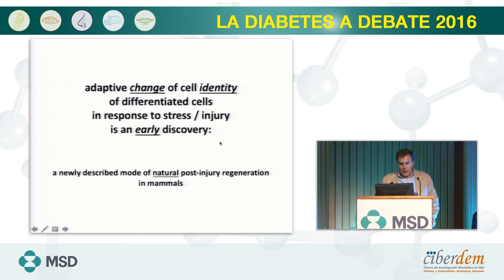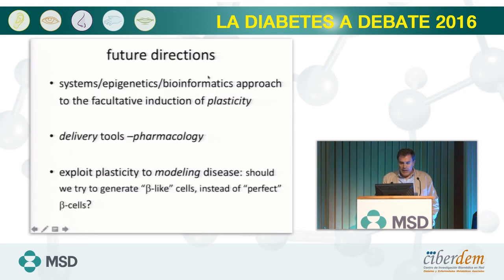So as you see, this process of adaptive change of cell identity of differentiated cells in response to stress or injury is an early discovery. It's a newly described mode of natural post-injury regeneration in mammals. So now what we have to do is to devise ambitious approaches of systems biology, epigenetics, and bioinformatics, to try to find a way to induce this plasticity.